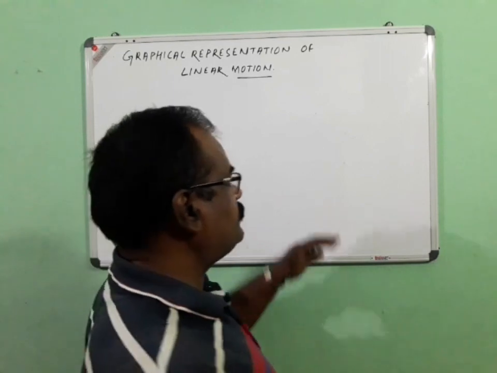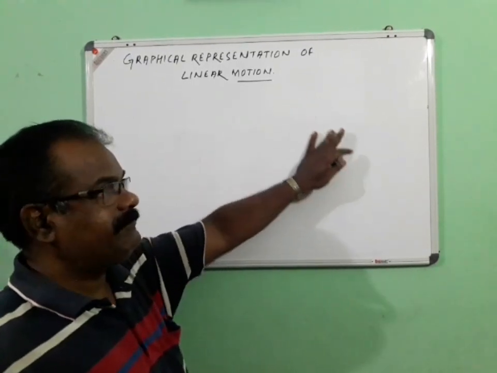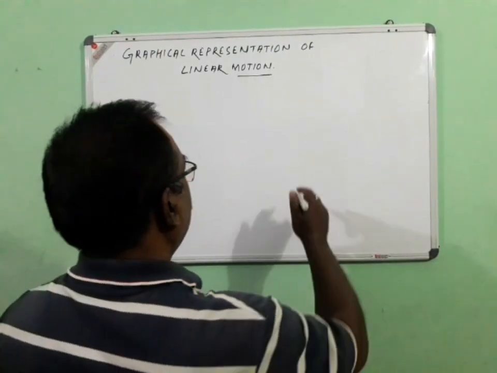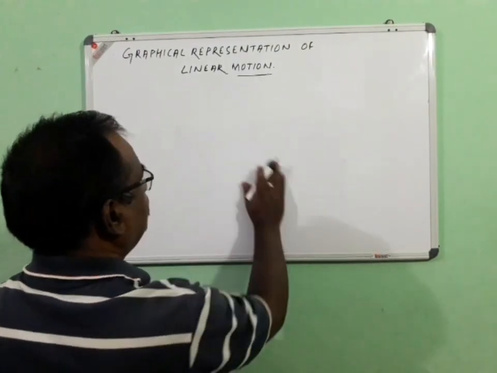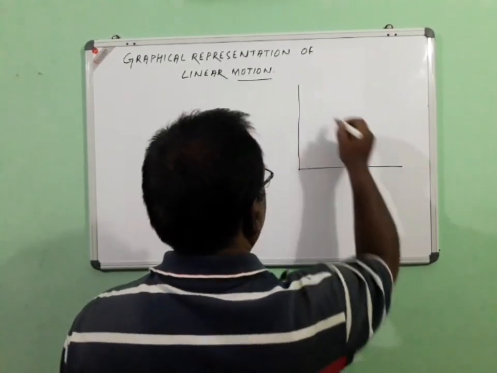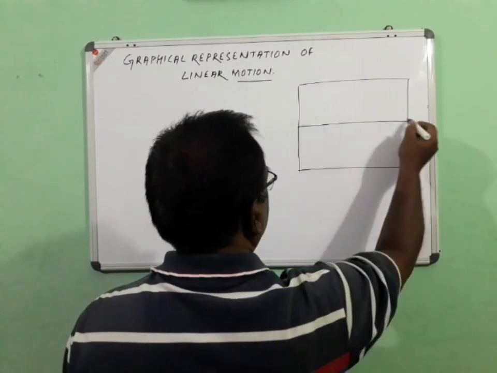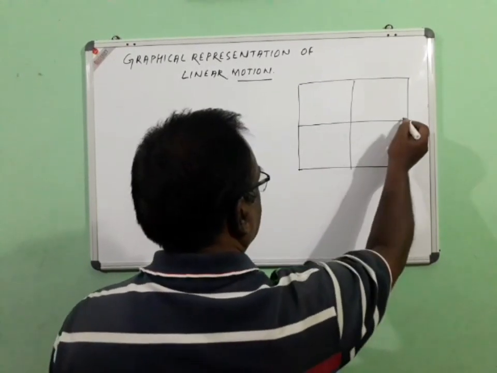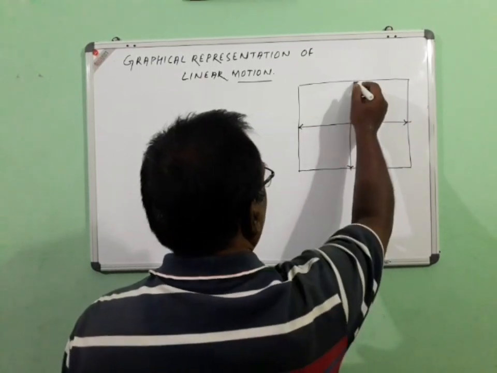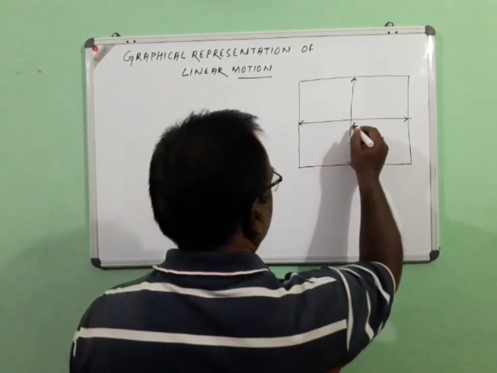So first of all, we should have some introductory idea about the graph and the graphical representation. You must know that a plane on a graph can be divided into four quadrants by intersecting two real number lines at the zero mark.